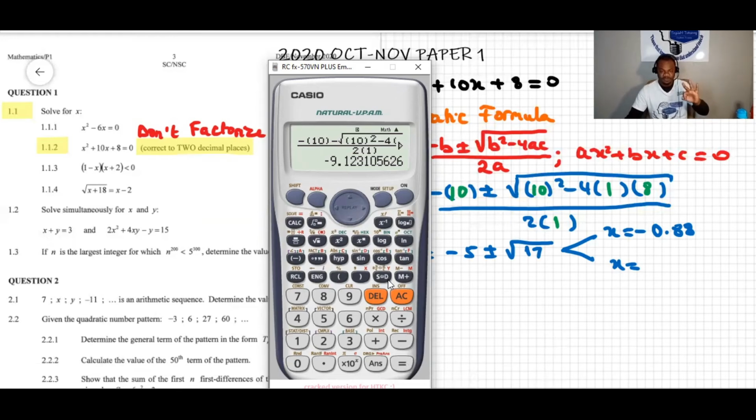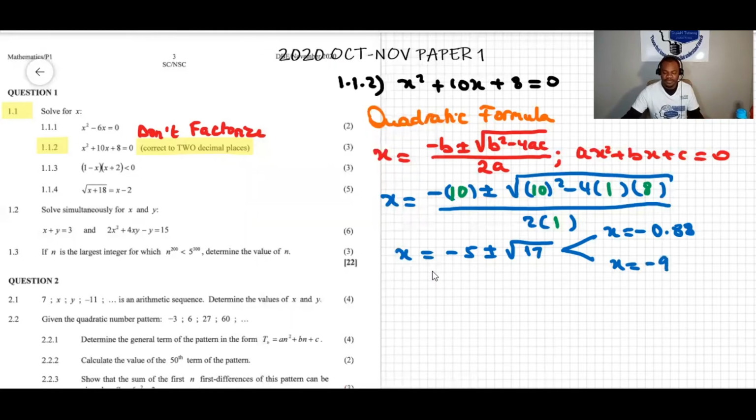We look at the 3rd decimal place, which is 3, and 3 is less than 5. So we just stop at the 2nd decimal place. So this will be negative 9.12. So this is the solution.